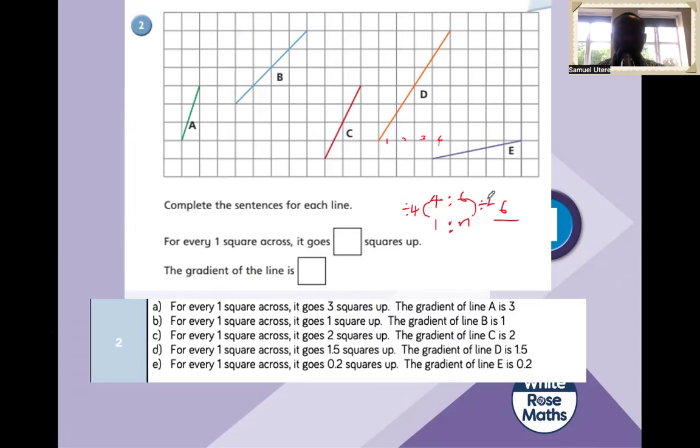If we have 6 over 4, we can simplify it to 3 over 2, because we can divide the numerator by 2 and the denominator by 2.